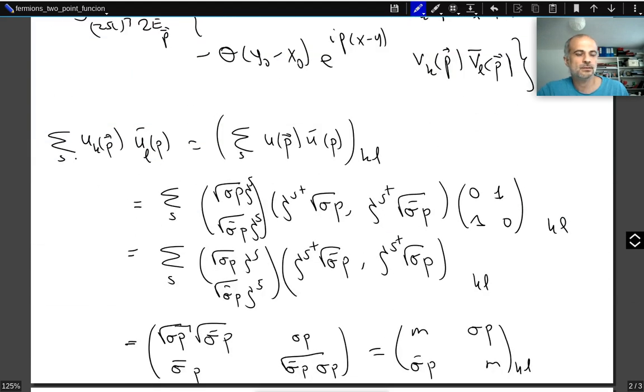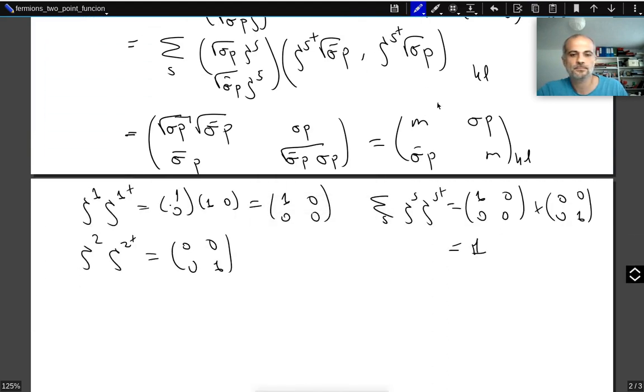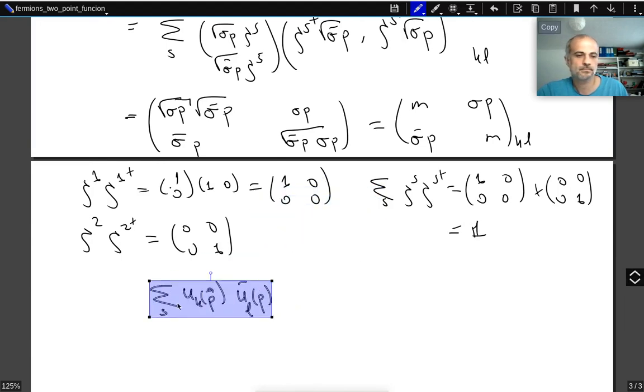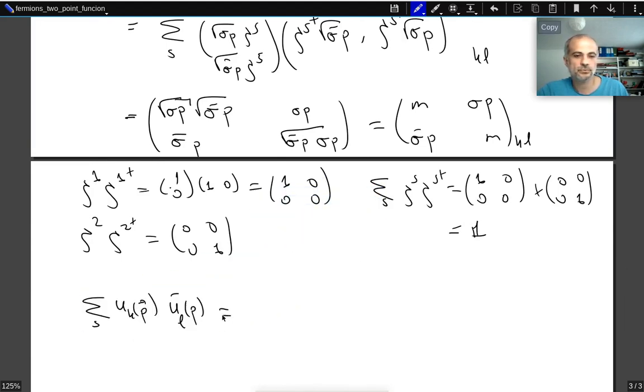So at the end of the day, when I calculate this, this is equal to M, sigma·P, sigma bar·P, KL element.